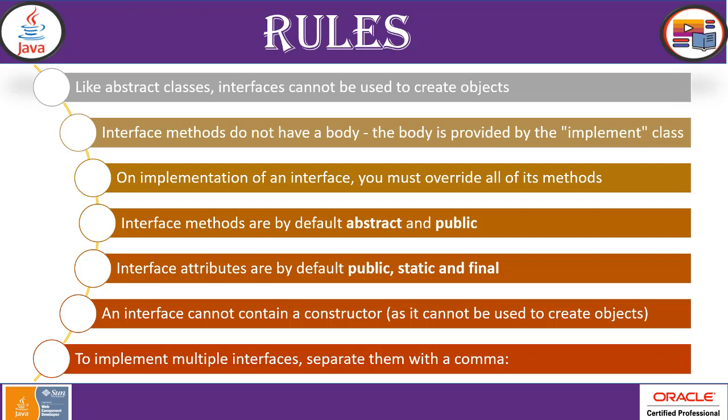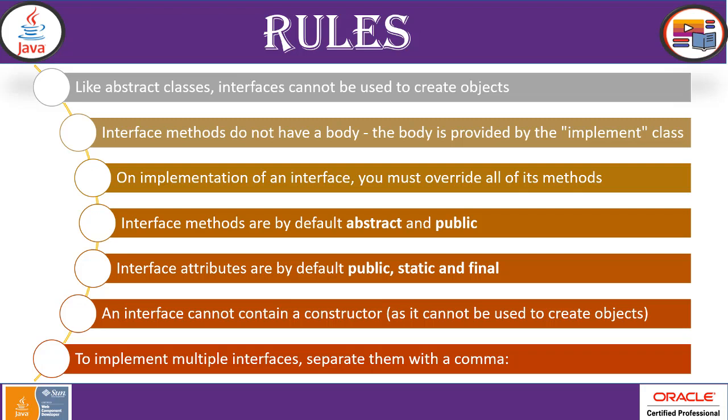The reason you cannot create an object is that interfaces just have the declaration. They do not have the implementation. So what will happen if you try to create an object? The object will pick the method, but it cannot do any functionality. For that, it needs to go back to the class where we implement that interface. So this is the reason.